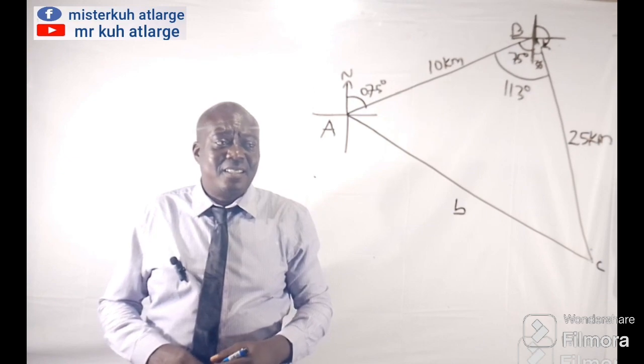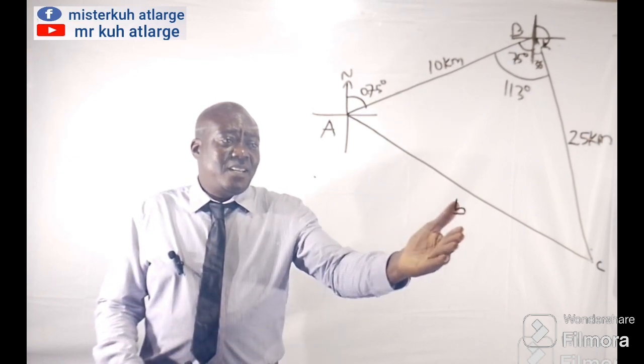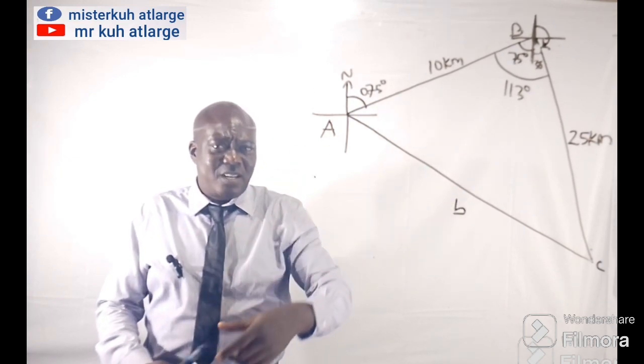According to cosine rule, this square equals this. I hope you know cosine rule.